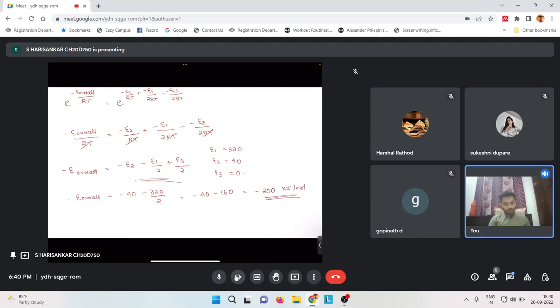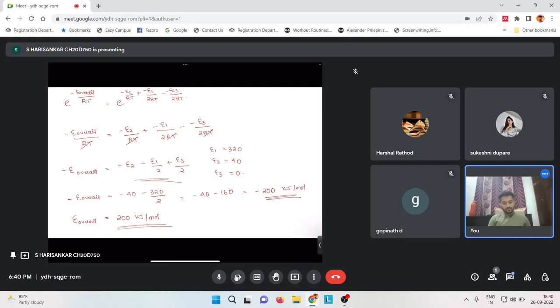Now this doesn't stop here. This is the value for minus E. So we need to find E overall, which is the reverse sign of this, basically 200 kilojoule per mole.